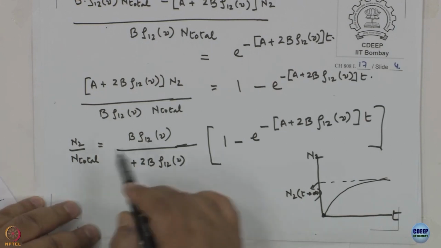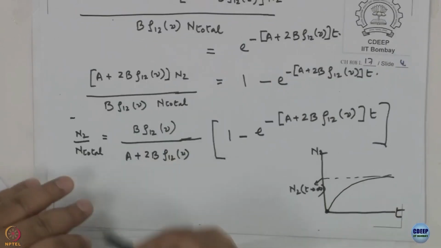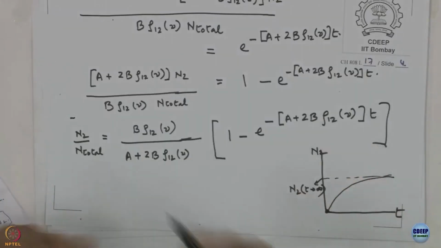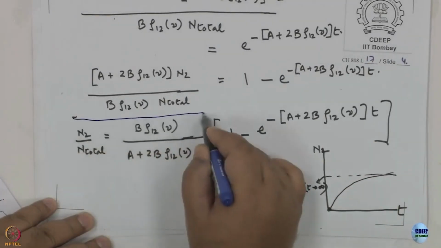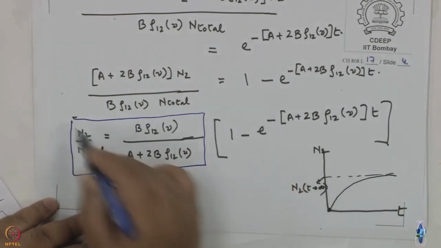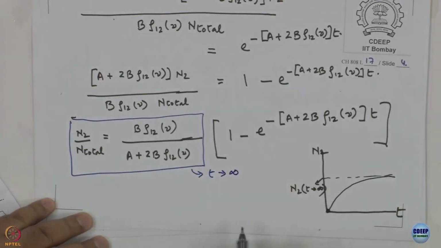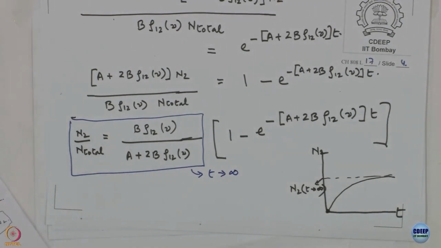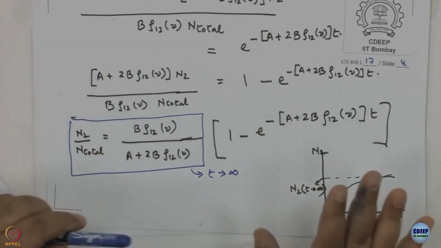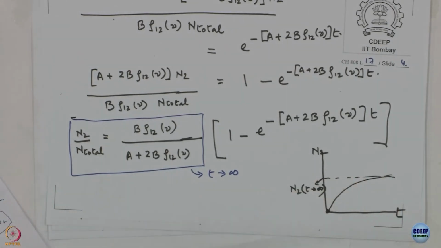Okay. So, this is actually the best possible value, saturation value, t tends to infinity. Of course, when I say infinity, I do not mean real infinity, it can be really small time, but it is saturation value, that is all.